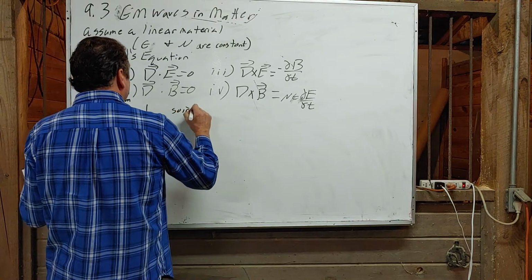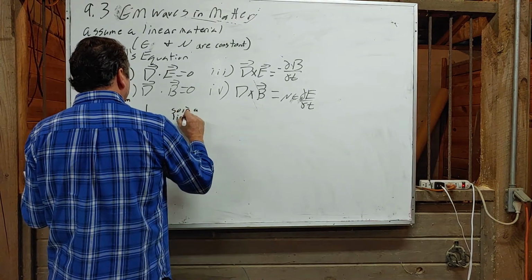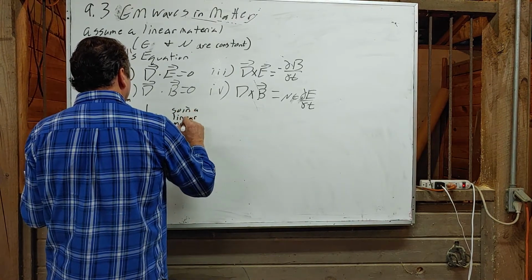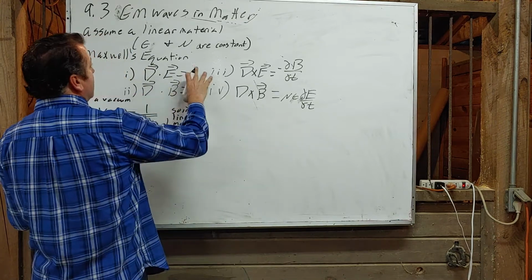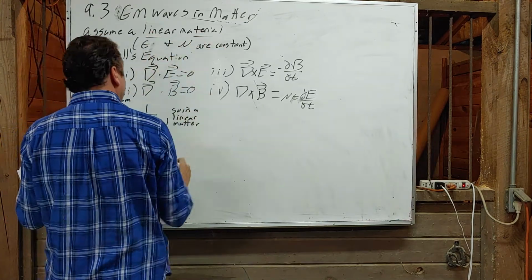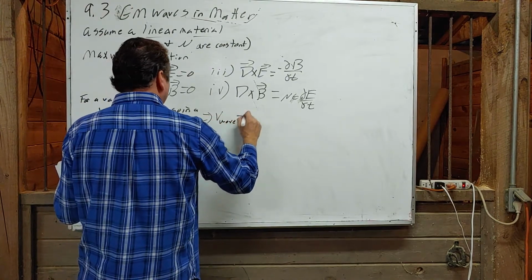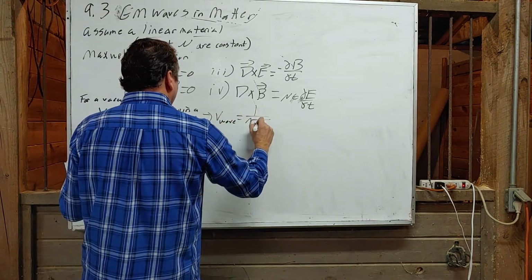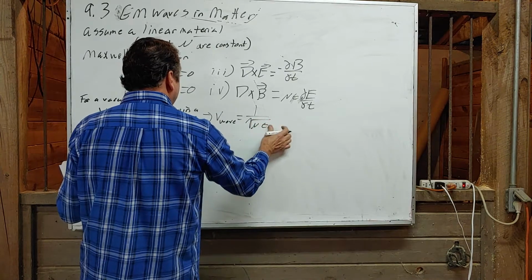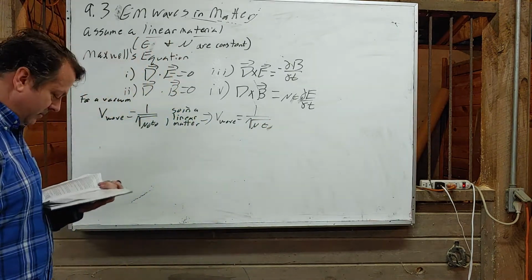So in a linear material, which this material is, we said, the velocity of that wave is equal to 1 over the square root of mu epsilon. Just mu epsilon.